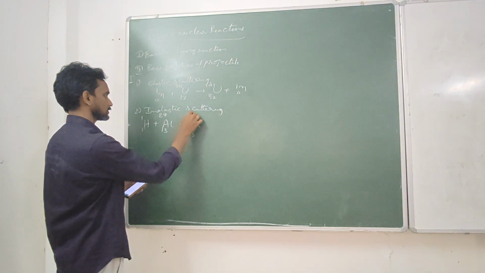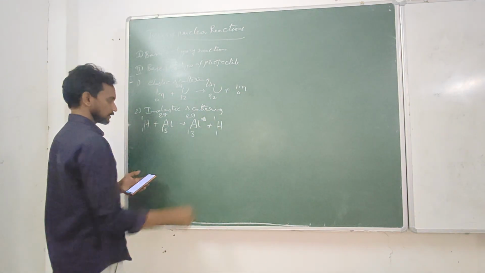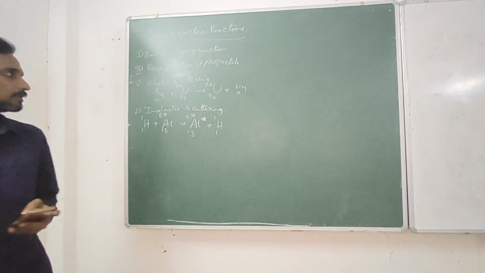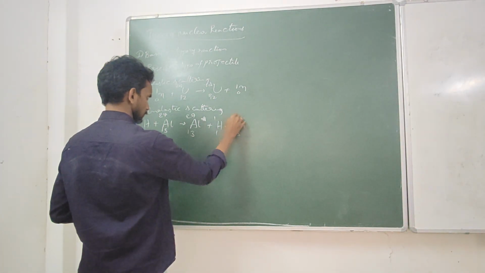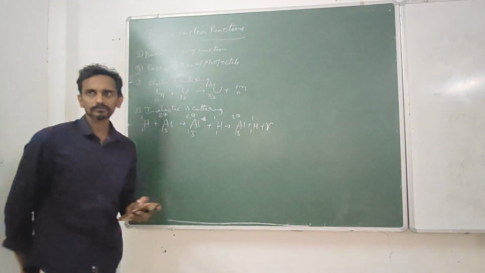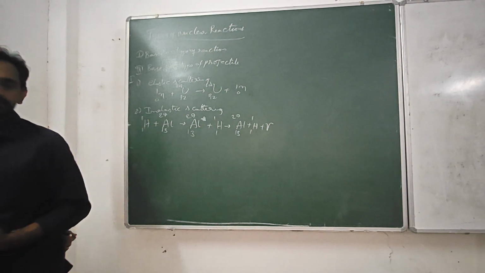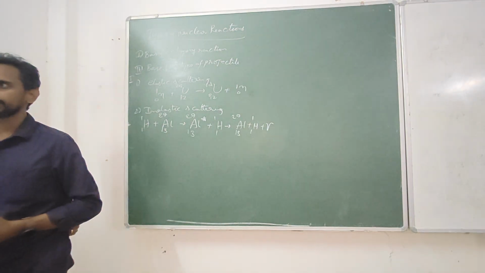So Al 1327 remains as it is, but in excited state, plus H11. So you will get Al 1327 star plus H11 plus a gamma ray. So this is excited state of aluminum. Star indicates excited state.